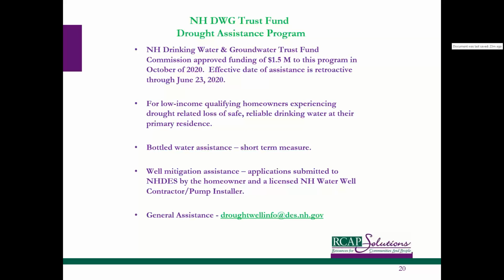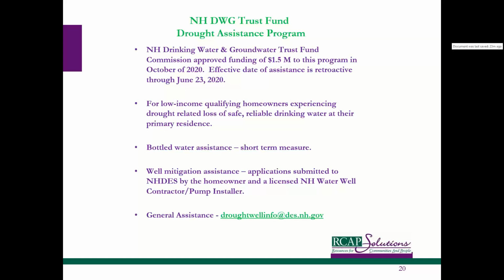And another resource for private well owners is the New Hampshire Drinking Water and Groundwater Trust Fund Drought Assistance Program. The Trust Fund Commission approved funding of $1.5 million to this program back in October 2020. The effective date of assistance is retroactive through June 23rd of 2020.